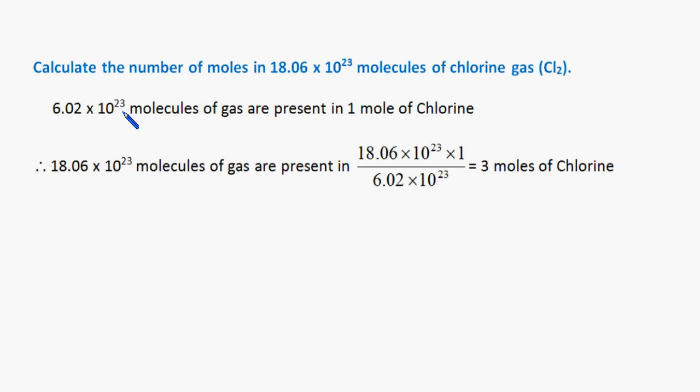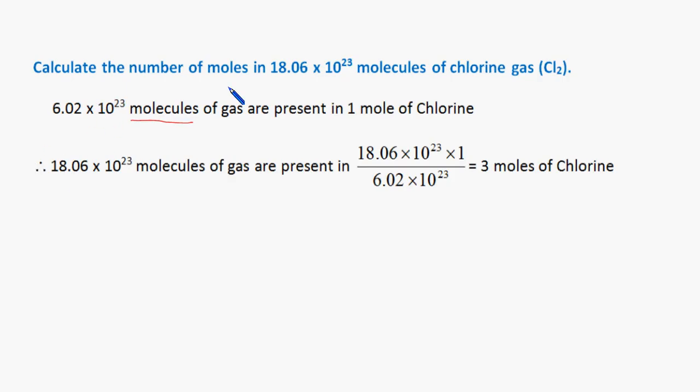In this case, the particles here is referring to molecules. So we write the statement 6.02 by 10 to the 23 molecules of gas are present in 1 mole of chlorine gas. Okay? We're not dealing with the mass number in this example because we are looking at number of molecules.